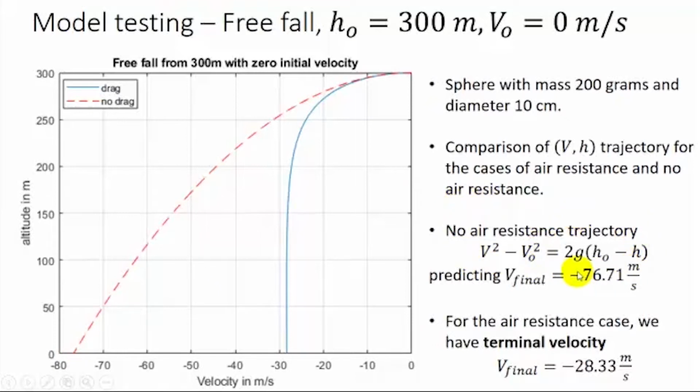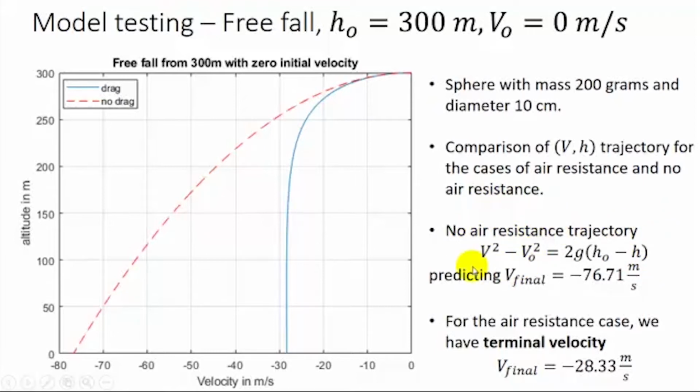One final comment is to notice that the equation describing the trajectory of the ball as a function between the velocity and the altitude is actually a representation of the conservation of mechanical energy of the ball.